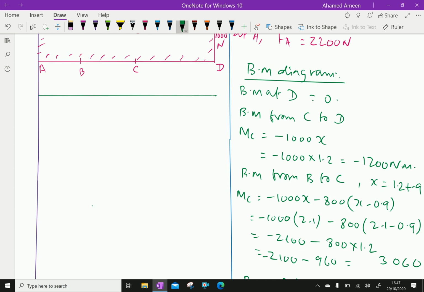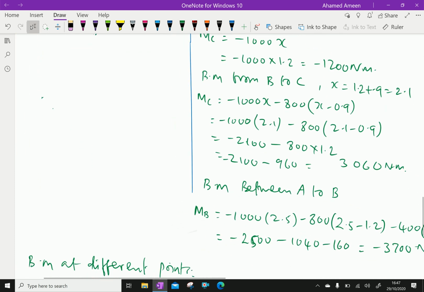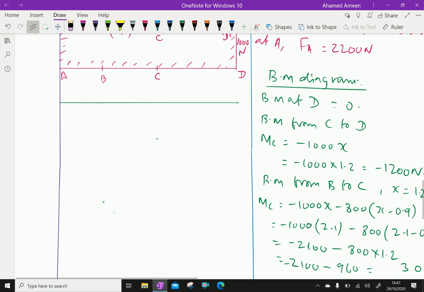We'll keep 1200 here a little bit, this is 3060, and the last is 3700.